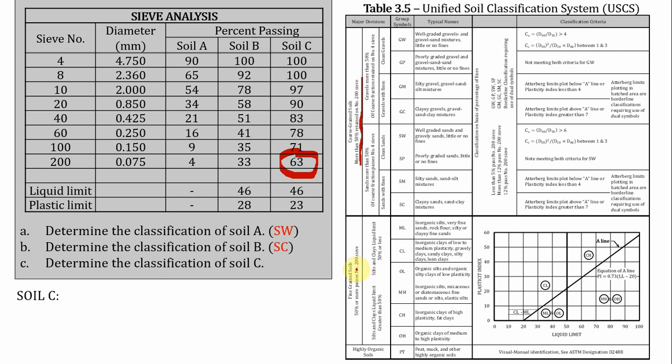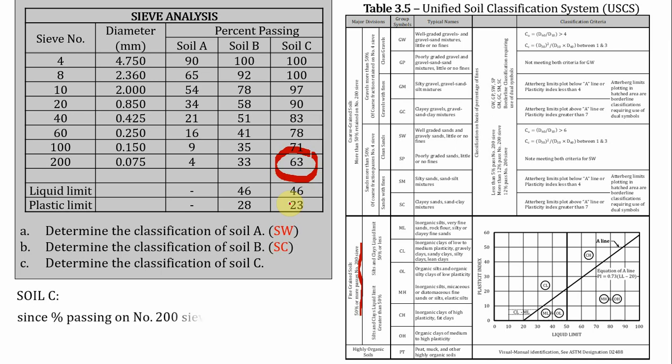Okay, so let's check, class, if our soil is a fine grain soil. It says here that 50% or more passes the number 200 sieve. The percent passing the number 200 sieve is 63%, and that is greater than 50%.